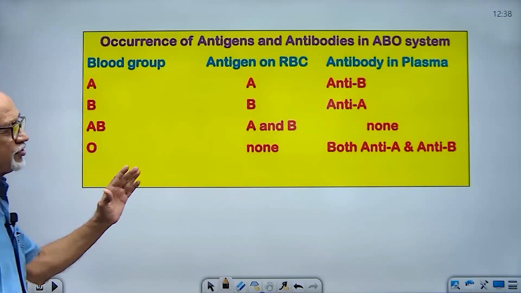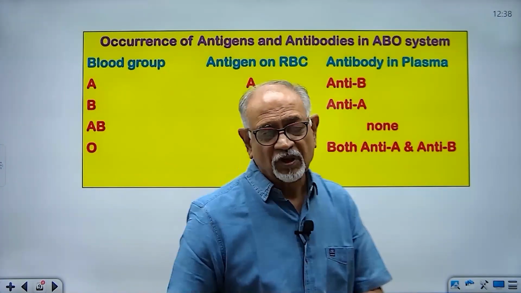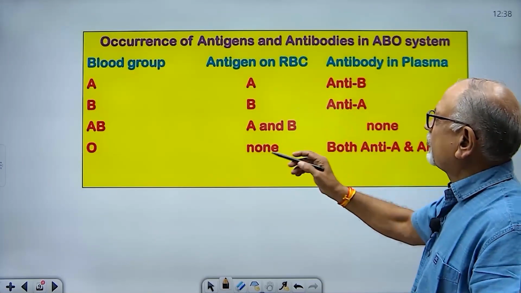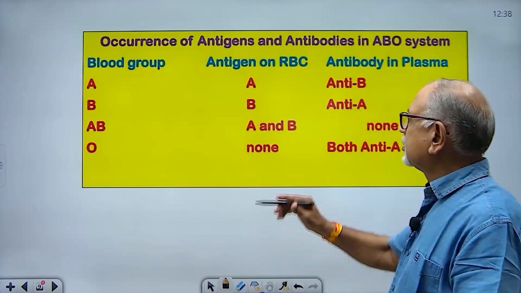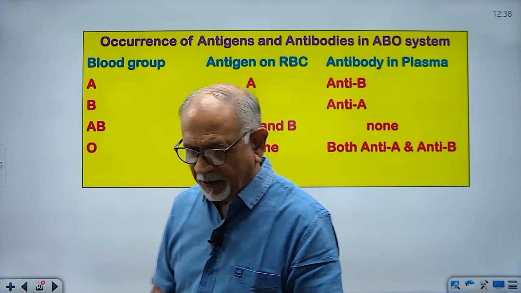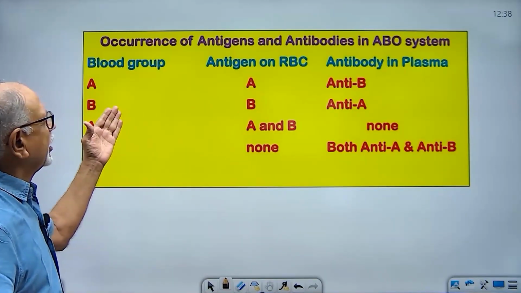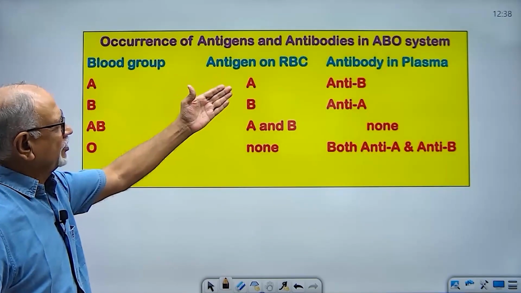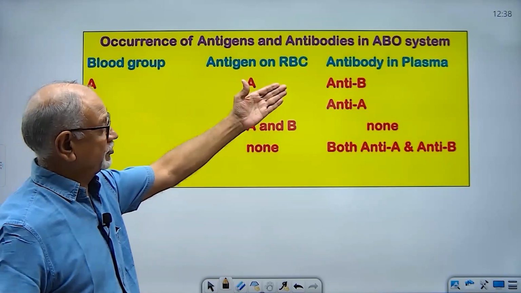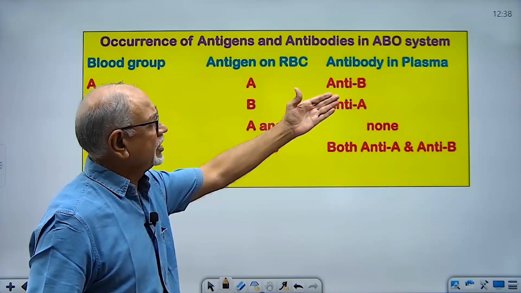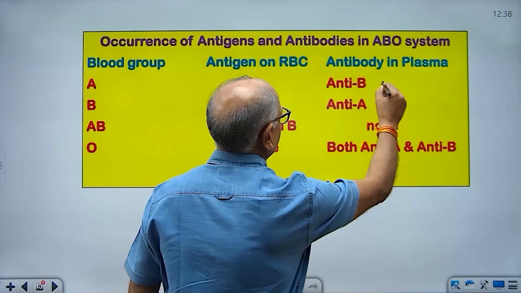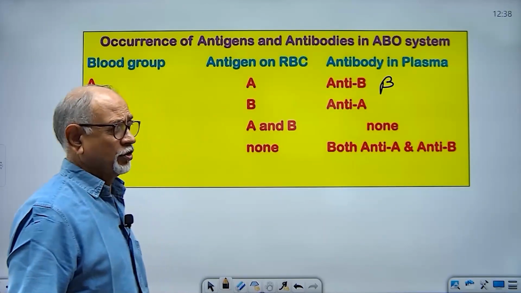Now, here in this table, you can see different blood groups, then presence of antigens on the RBC and presence of antibody in the plasma. In case of blood group A, RBC has antigen A and the plasma contains anti-B antibody, or we can call it beta antibody.